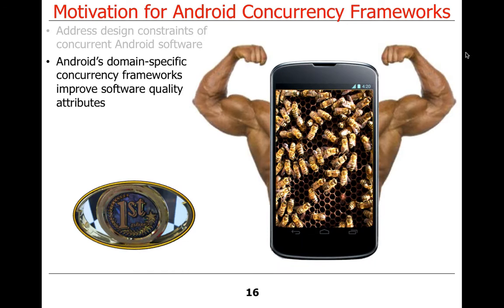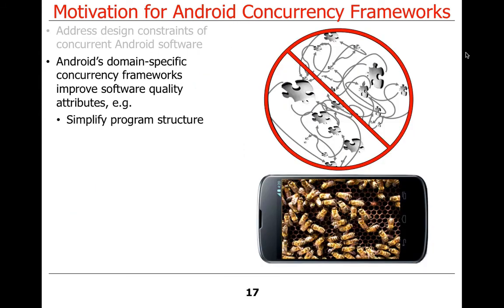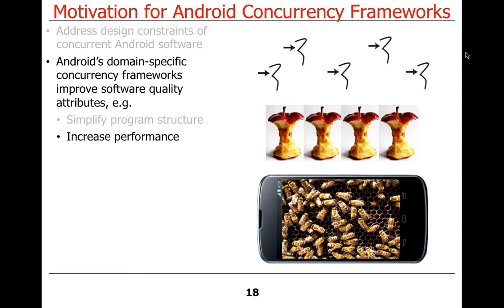Now, why do we do this? Well, it's really the same reasons why we use concurrency in general, right? Why do we use concurrency? We use concurrency for several reasons. One is because, why not? There's lots of cores running around. Let's go for it. But more specifically, we want to use concurrency to improve software quality factors and attributes. So, simplify program structure, we talked about that, so you don't have a tangled mass of event-driven code.